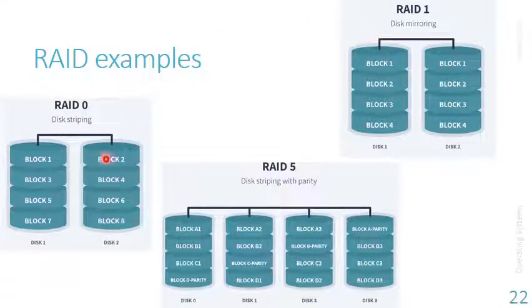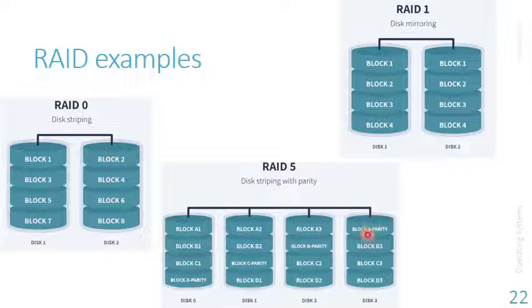So to make the best of 2 worlds, for instance, RAID 5, another level that I'm showing you, it's striping, so I'm distributing, and I'm using something that I call parity. So instead of having an exact copy, I'm having different sections from each of my blocks on different disks.